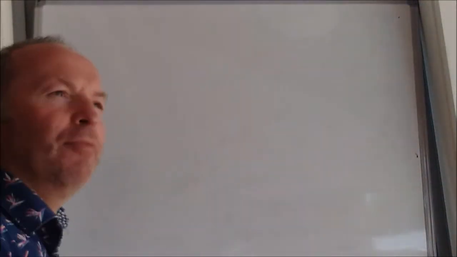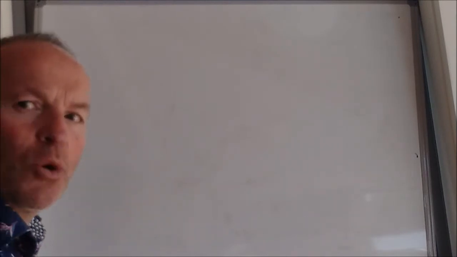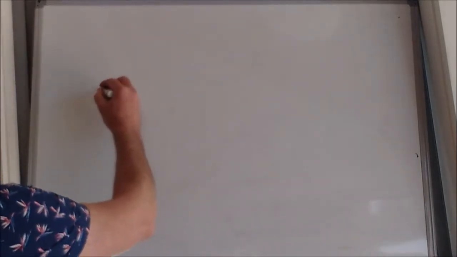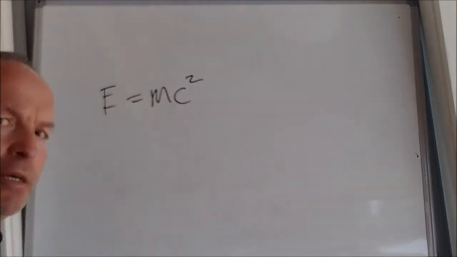So this new interpretation that I have developed, what does it mean? What are the implications of that? Well, if you start to look at Einstein's equation, E equals mc squared.